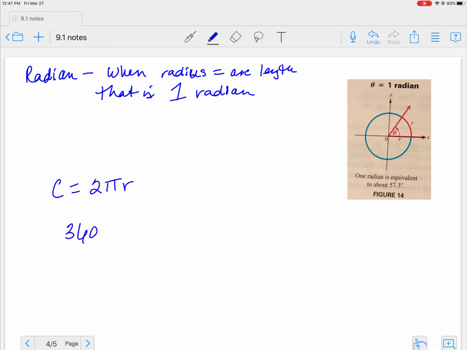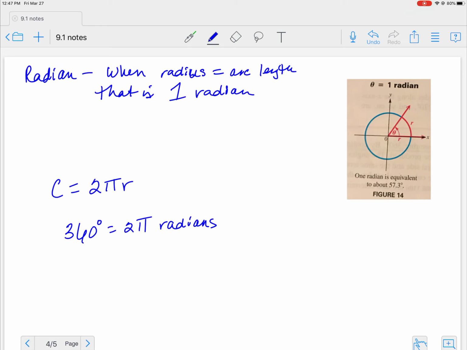All the way around my circle, this full amount is going to be 2 pi. So 360 degrees of my full circle is going to be a full 2 pi, especially if we're looking at our unit circle, which makes it easier to work in terms of.